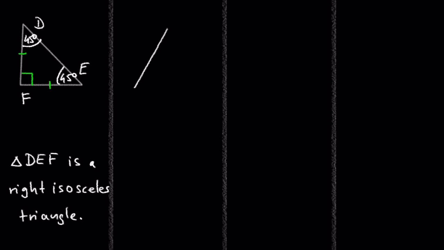What about the triangle GHI? We see that all angles are acute and that all sides are congruent. So this is an acute equilateral triangle.